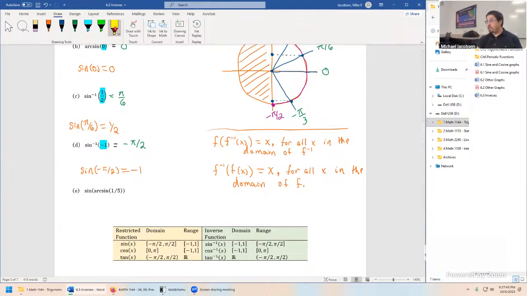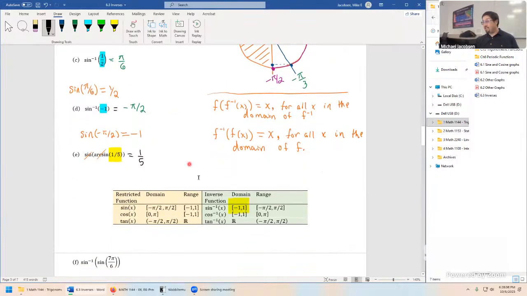So the way we check this one out is take a look at the 1/5. It's going inside a sine inverse, and that domain is from -1 to +1. We are within domain, and so it tells us this one's not a big problem. There's a cancellation, and the whole answer is 1/5. We didn't have to do anything at all with that one. We just had to observe we are in domain.